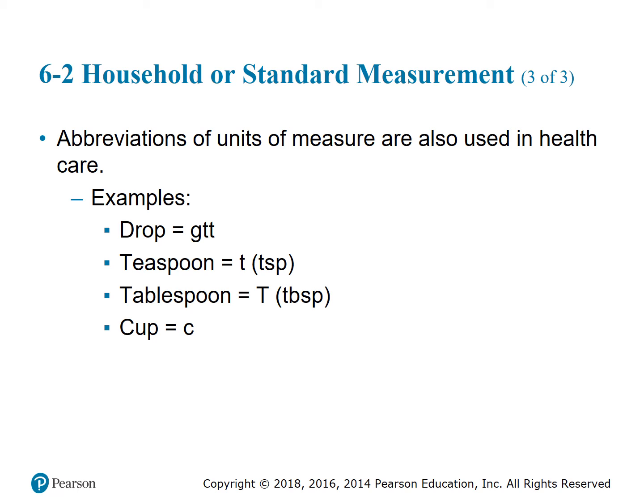Just a couple examples where we abbreviate a drop as GTT, a teaspoon as T or TSP, a tablespoon as a capital T or TBSP, and cup as a C. Now, we probably won't be using these too much in the operating room. What we use most is milliliters and potentially milligrams.